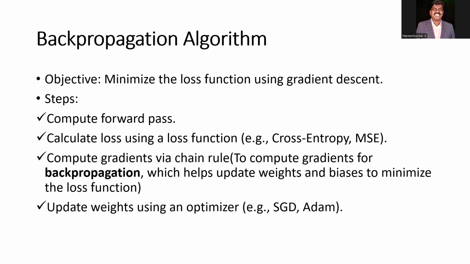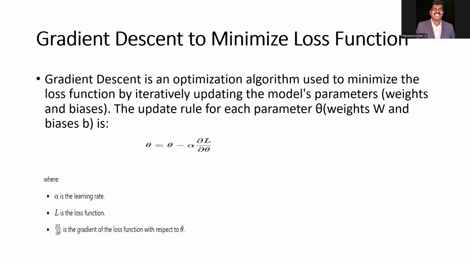Now we go back and change the weights using an optimizer, such as Adam or SGD, to update the weights. We use gradient descent to minimize the loss function.